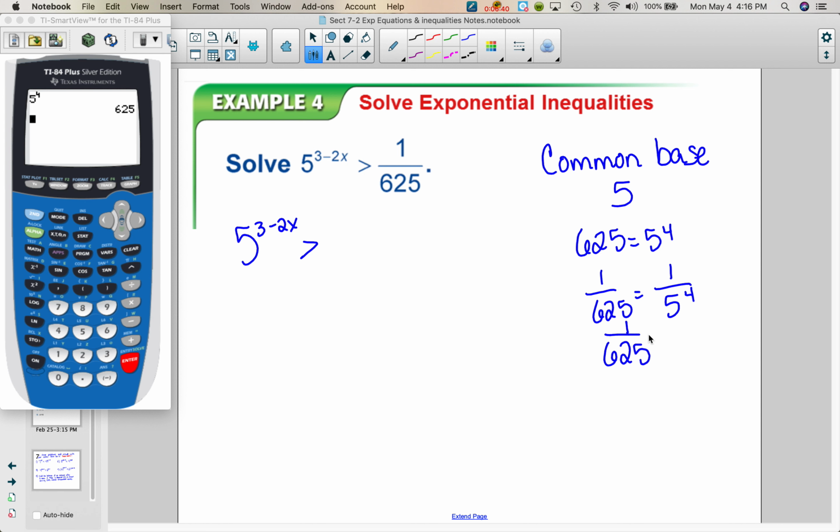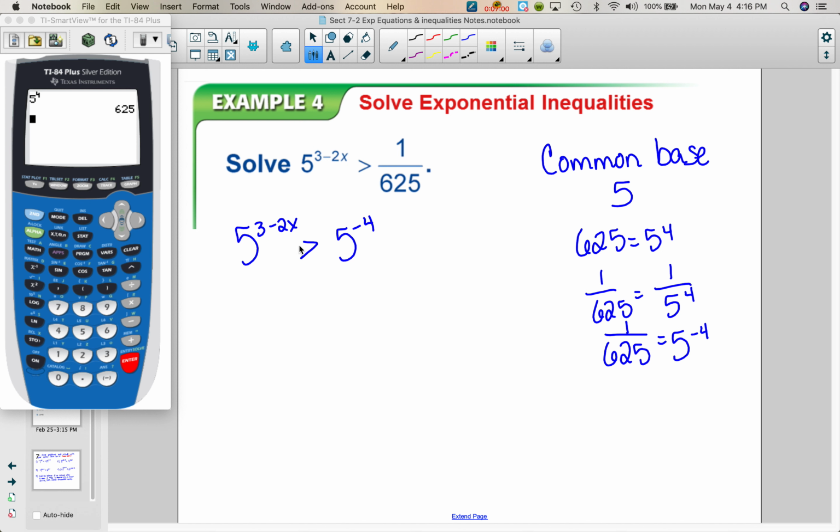So 1 over 625, that's true, but we want to say this, 5 to the negative 4th. So I'm going to write this as 5 to the negative 4th. Okay, this is true. 1 over 625 is 1 over 5 to the 4th, but I don't want to change that. I need it to have a 5. So I just need to remember reciprocal means negative exponent.